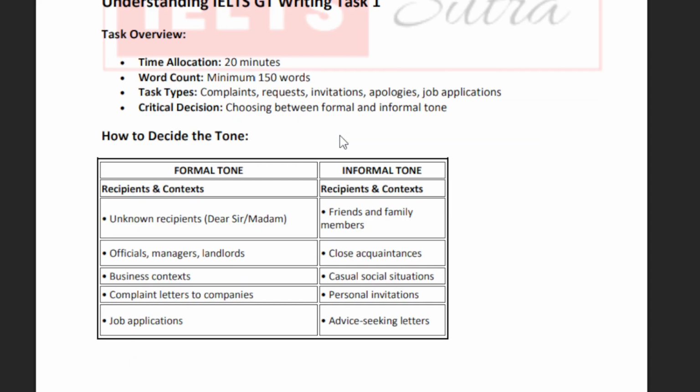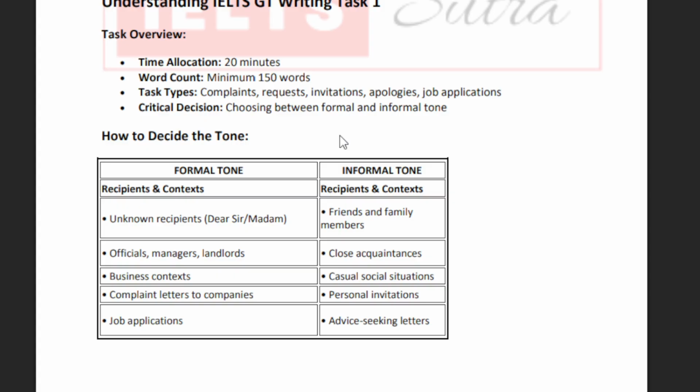Now let's understand how to decide whether the tone of the letter should be formal or informal. Well, I have a very easy way to pick that up, and I have just one tip for you. If you feel that you are writing the letter to someone whom you can consider your friend, then it's going to be an informal letter.